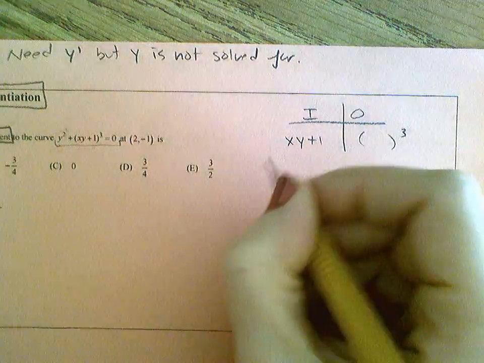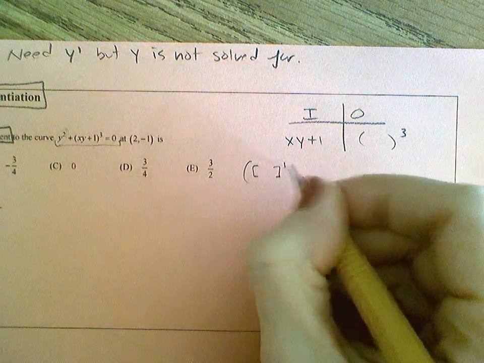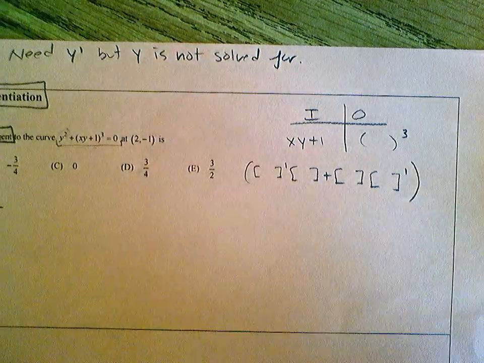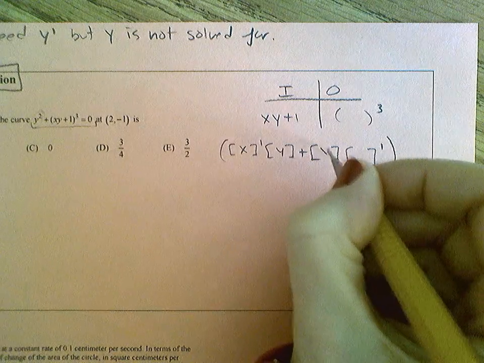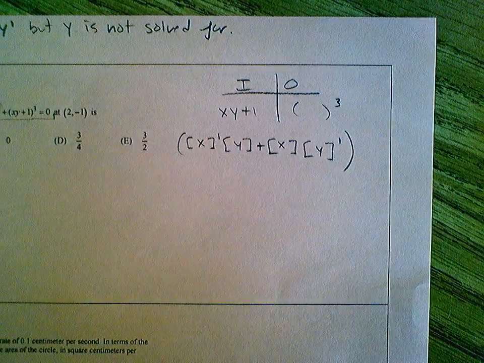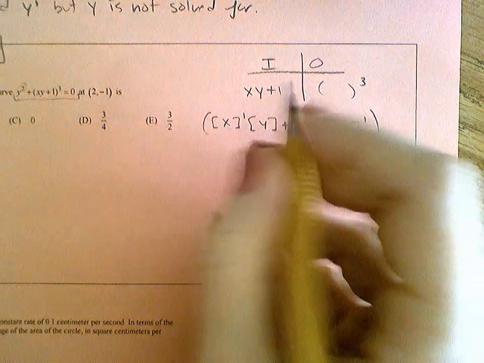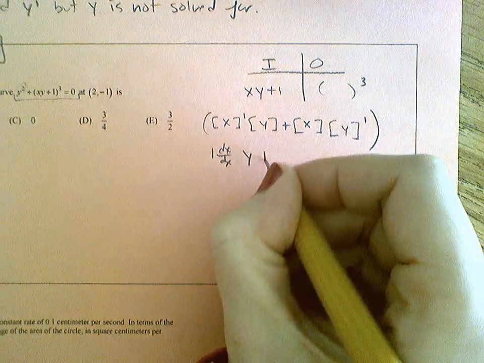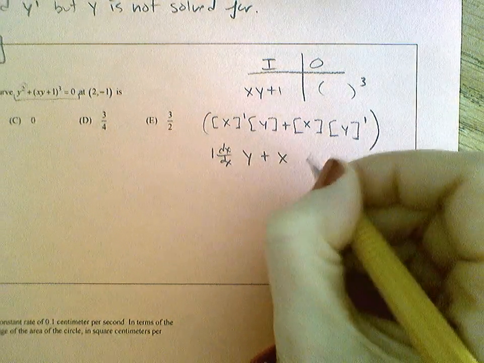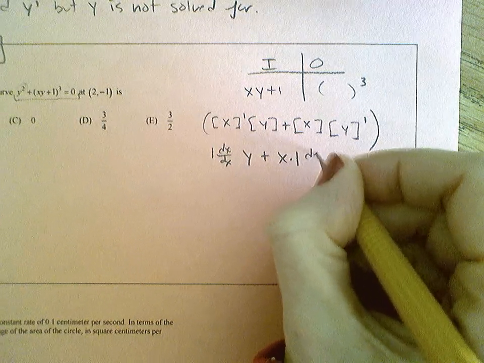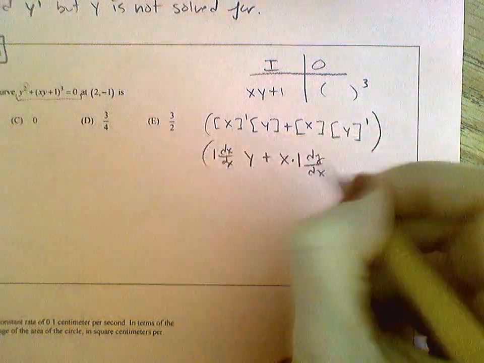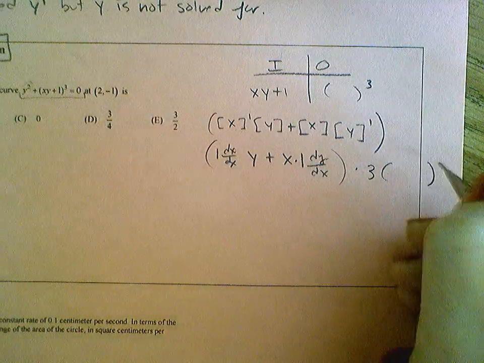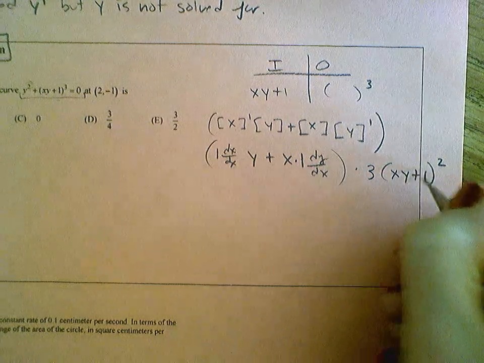Now for this xy, I need product rule. x and y, so the derivative of this is 1 dx/dx, and then you bring down y, plus x, and then the derivative of that is 1 dy/dx. All right, so that's the derivative of the inside, and then times the derivative of the outside, 3 blank to the 2nd, (xy plus 1).